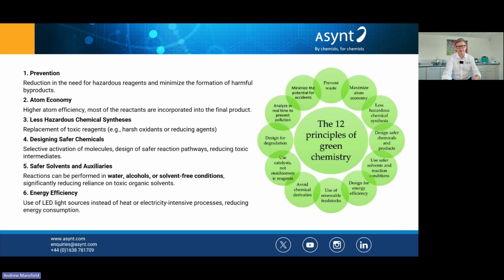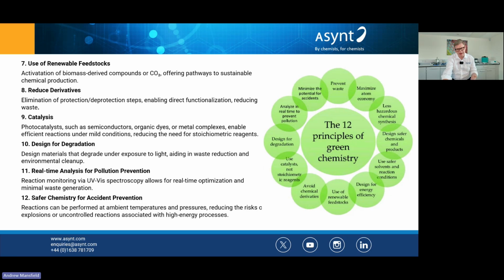We can be more selective in the activation of molecules and design novel reaction pathways. We can reduce the harmful oxidizing or reducing reagents that we use. We can be better energy efficient, and on and on. So you can see photochemistry really impacts us in a cleaner, greener, more sustainable approach. And I'll allow you to read these later on the recording.